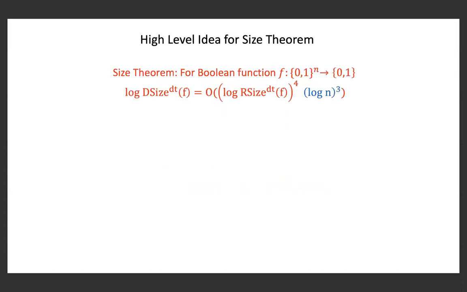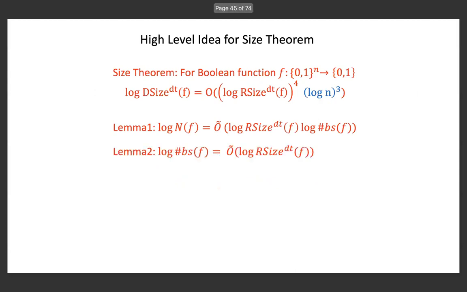In our result, we show that the log of cover number can be upper bounded by the product of log of randomized size and the log of block number. And then we show that if the randomized size is small, then the block number is small anyways.